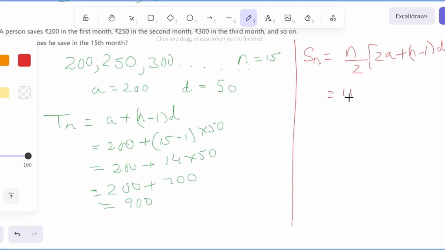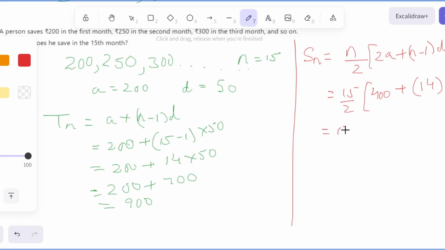So n is 15, so 15 by 2, times 2 times a. 2 times a is 2 times 200, which is 400, plus (n minus 1). What is n here? 15. 15 minus 1 is 14, and d we already know is 50.